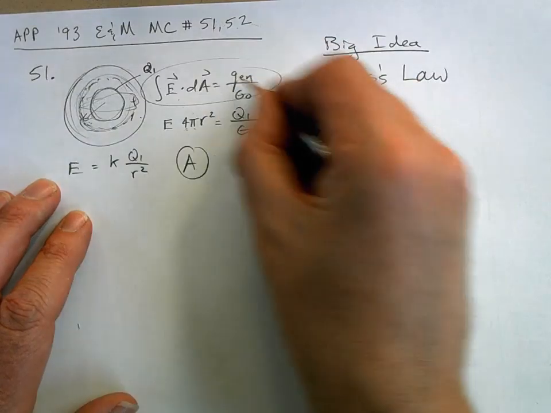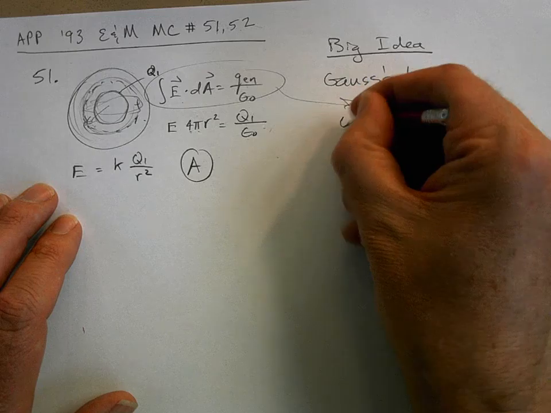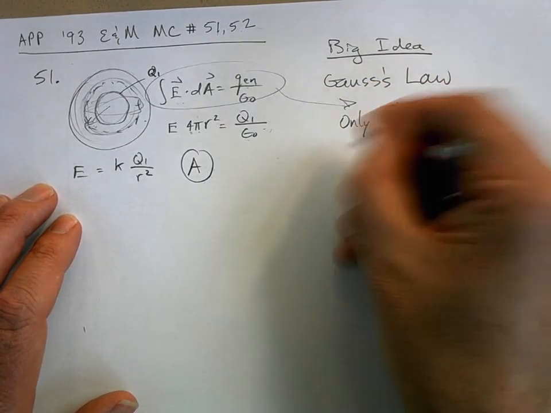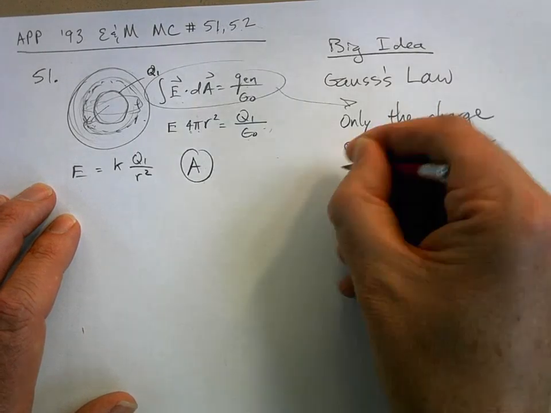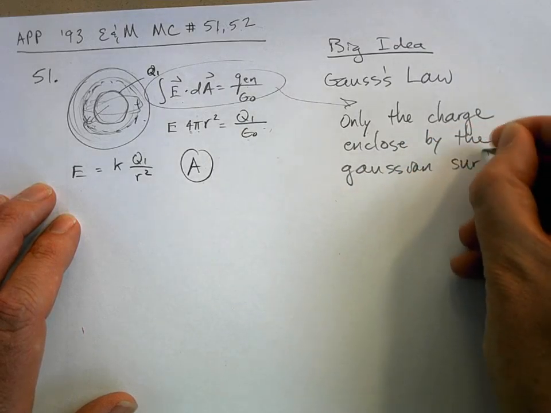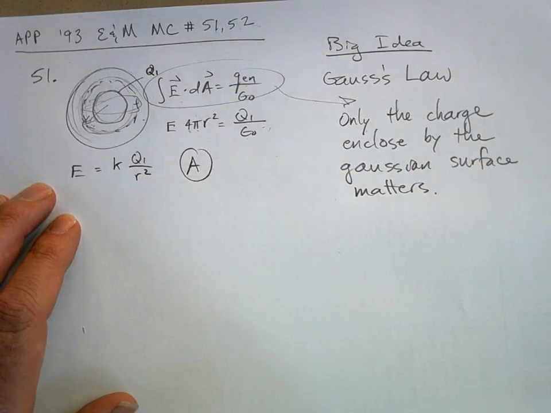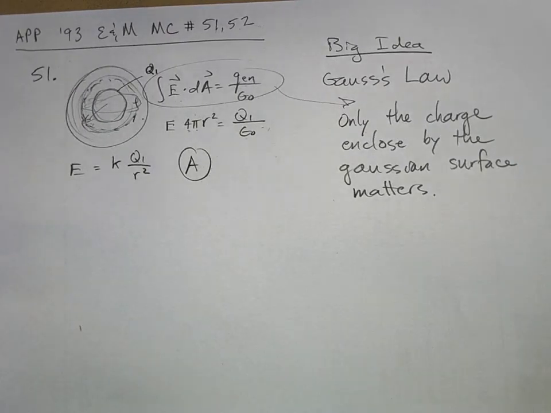Make sure you rewrite that, and understand that only the charge enclosed by the Gaussian surface matters. Okay, that's that. Any questions on 51 before I move on?